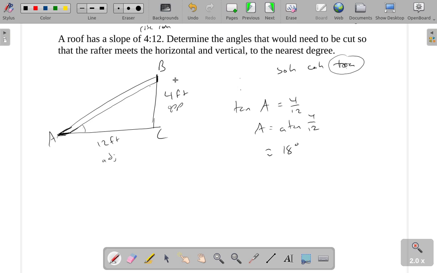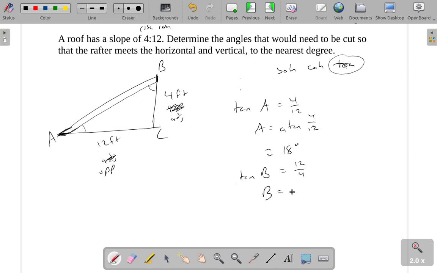B, this angle up here. Instead of that being the opposite and that being the adjacent, now this is the adjacent and this one's the opposite. Because if this is the reference angle, then you can see this 12 is the side that's opposite. So now I have the tangent of B is equal to 12 over 4.